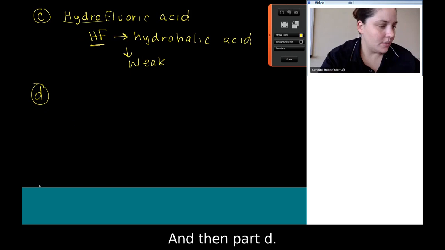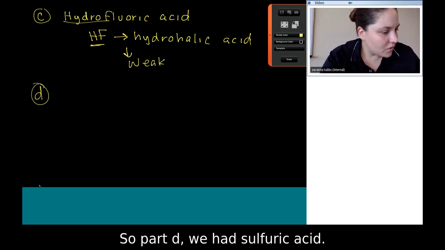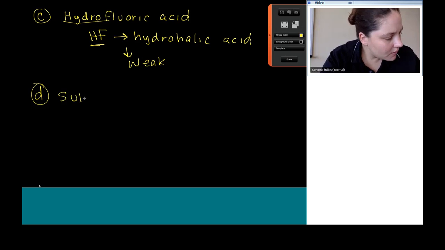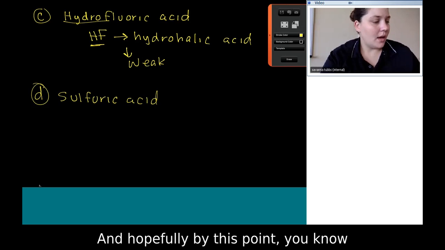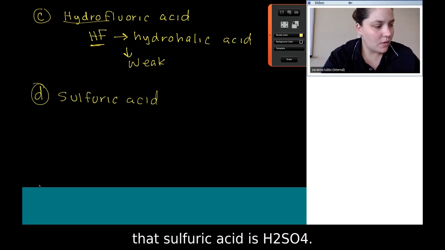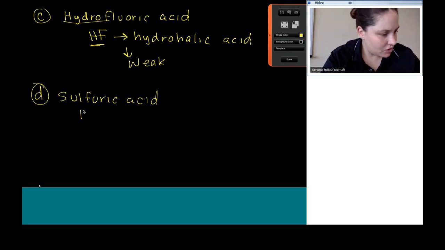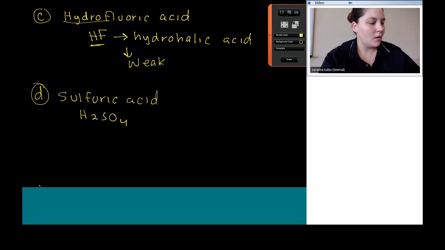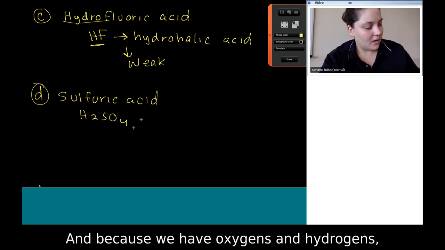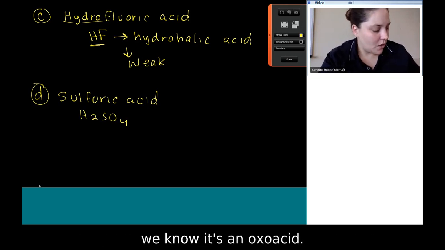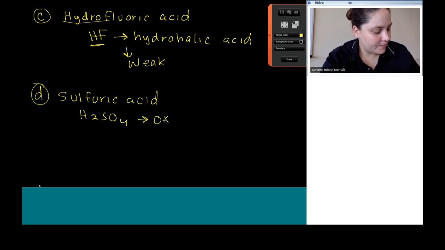And then part D. For part D, we had sulfuric acid. And hopefully by this point you know that sulfuric acid is H2SO4. Because we have oxygens and hydrogens, we know it's an oxo acid.